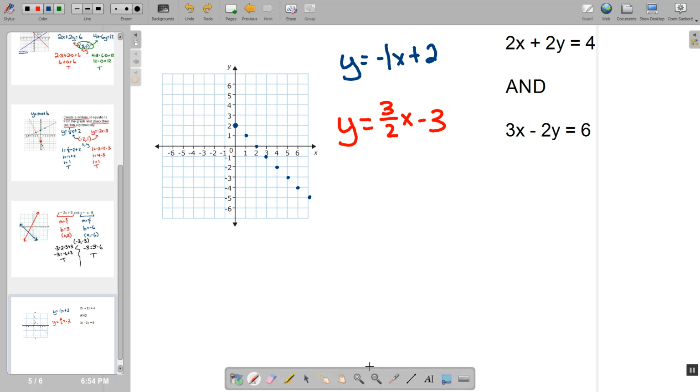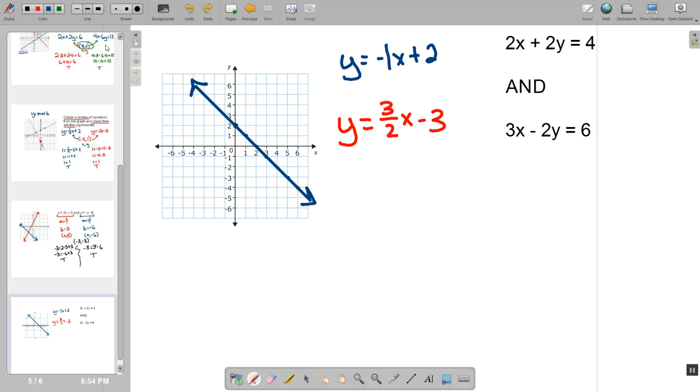Now it's easier on the computer if I go all the way to the edge before I make the line, and it ends up looking like that. I'm going to redo that though, because my board likes to get a little bit off. So let's try it one more time. So I'm going to try to stay clicked down as much as I can. There we go. That looks a little bit better. So there is my first line.